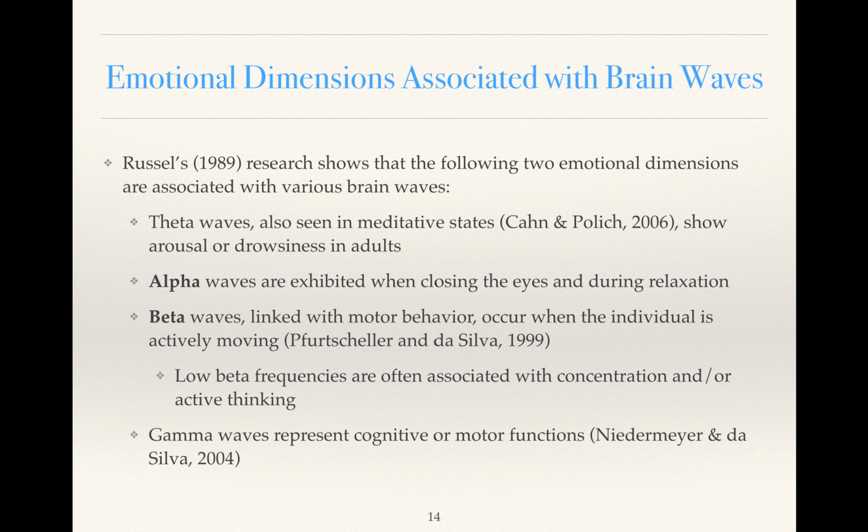Now it's also interesting to look at emotional dimensions associated with brain waves. This field is still in its infancy, so what you see here is essentially all there is.